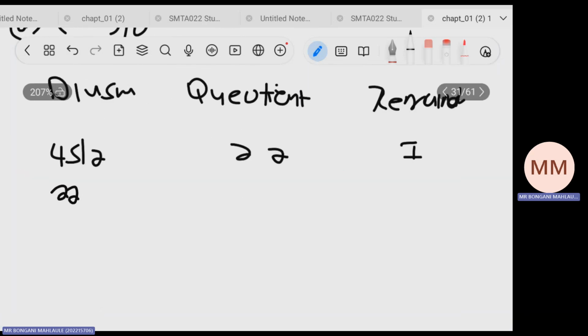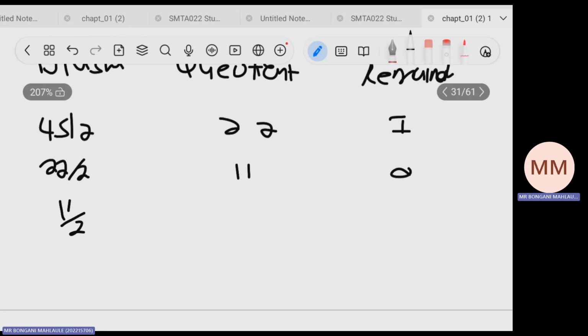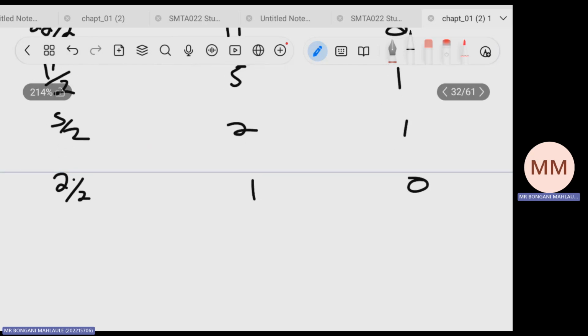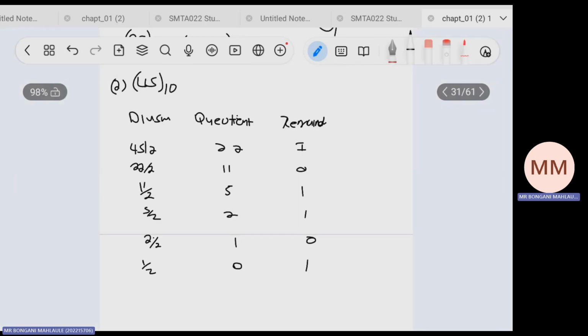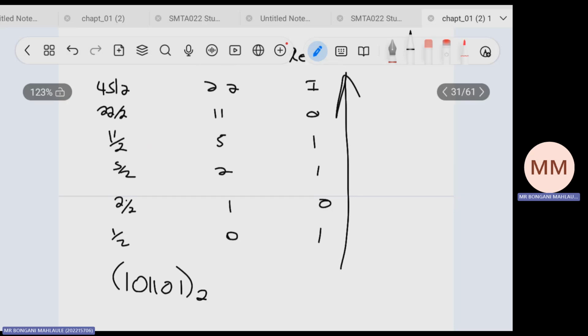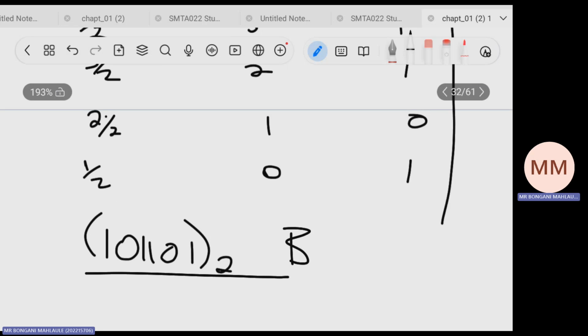And then we check 22 divided by 2, 11, remainder 0. 5 remainder 1. 2 remainder 1. 1 remainder 0. 1 divided by 2, 0 remainder 1. So you're going to take this going up. So our final answer is just this, base of 2.